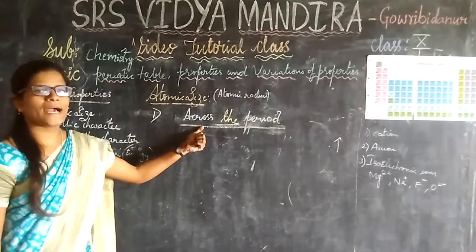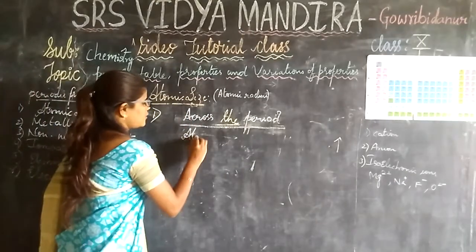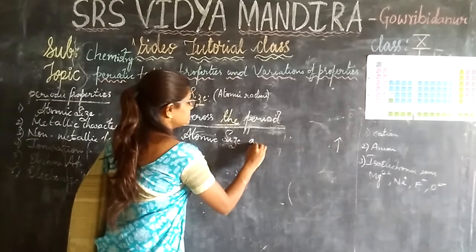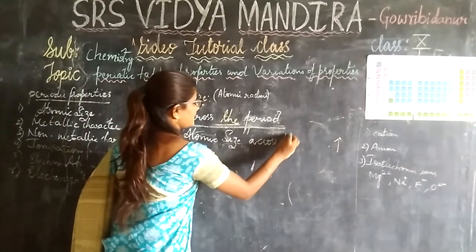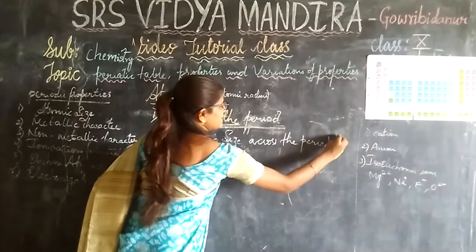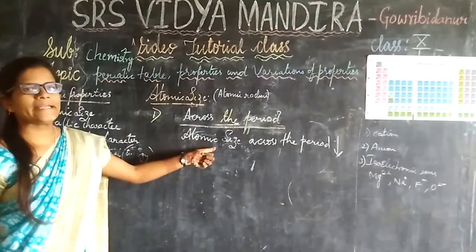What happens across the period for this atomic size? Atomic size across the period decreases.